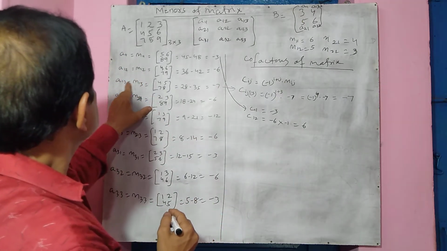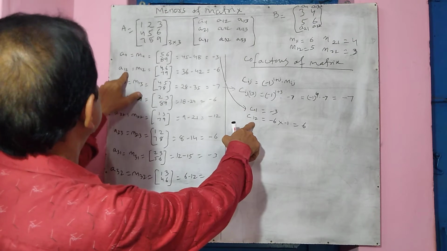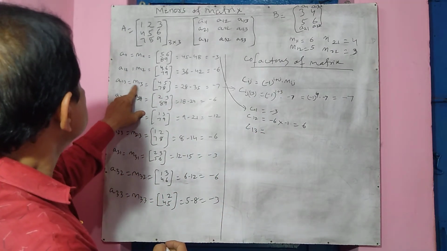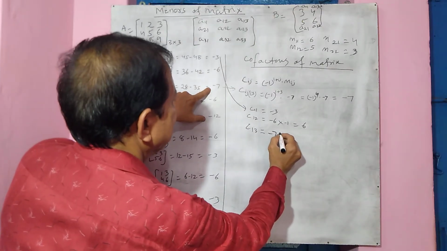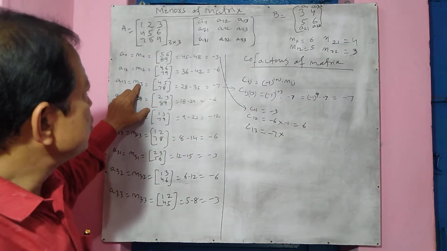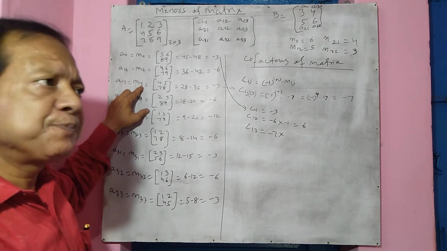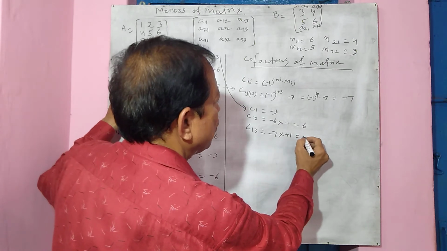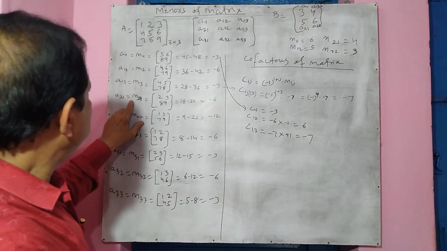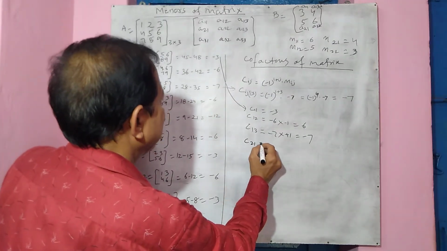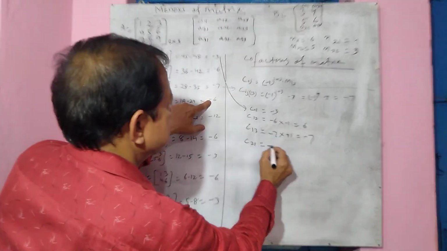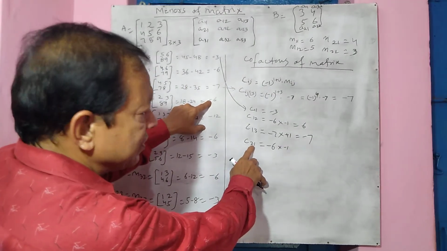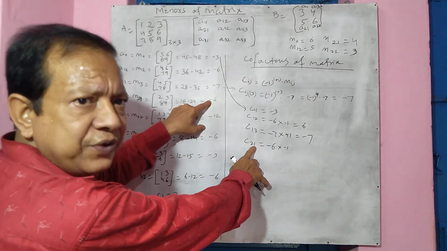Then C13. This M13 is minus 7. The position is first row, third column, means 4. So it is positive, so you multiply by plus 1, equal to minus 7. Now C21. M21 is minus 6, multiplied by minus 1, because here it is 2 plus 1, which is 3. 3 means minus.